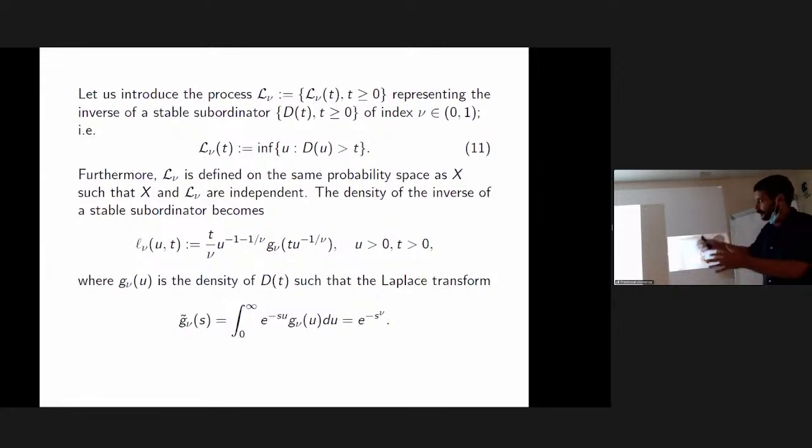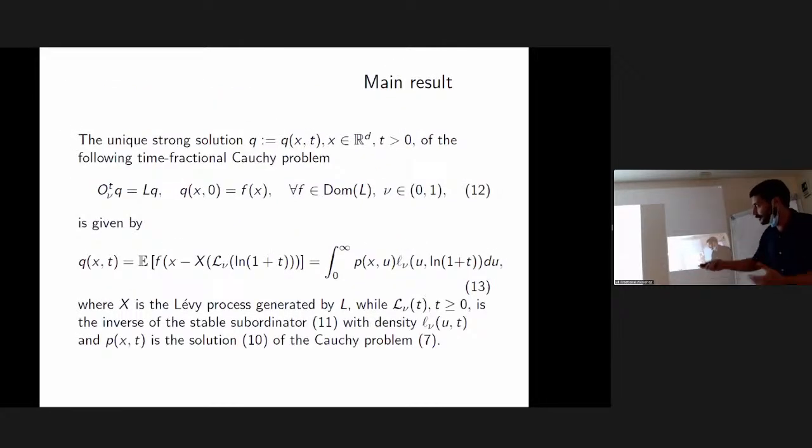Okay, so given all these preliminaries, I can finally give the main result, the main statement. The unique strong solution of the fractional Cauchy problem involving the Hadamard type derivative, where in this equation L is the generator of a Lévy process.